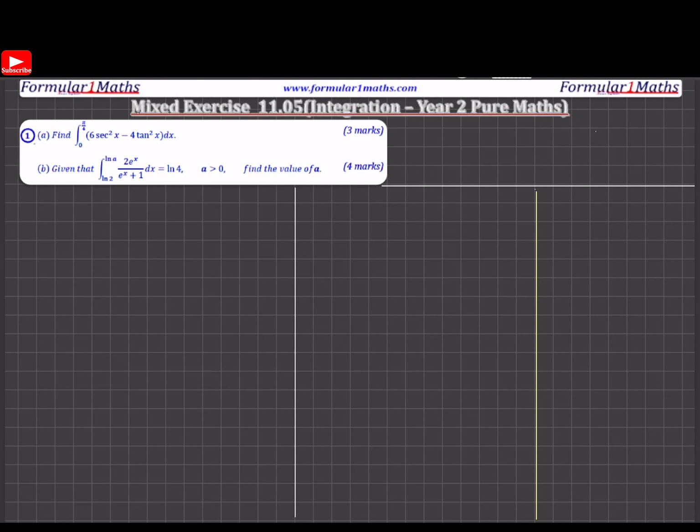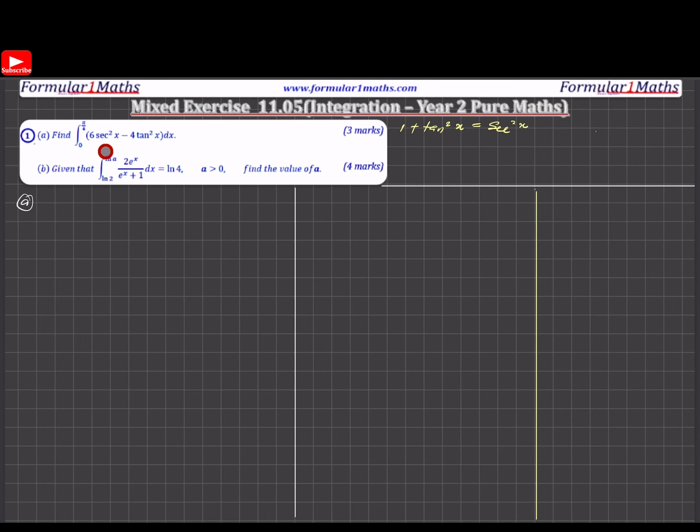So for a, I'm going to use trig identities to simplify this. The trig identity I'm going to use is 1 plus tan squared x is equal to sec squared x.